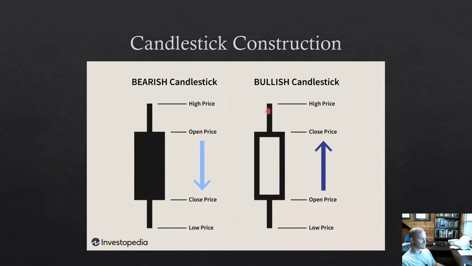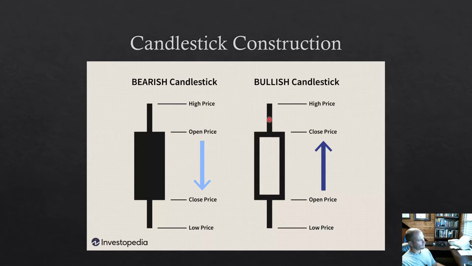If a candle does not have an upper wick, then the top of the real body will be its high. What I mean by that is this right here is your real body, the body of the candle, and same thing over here.